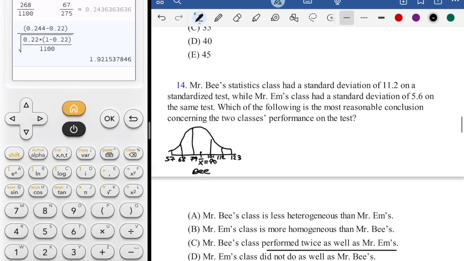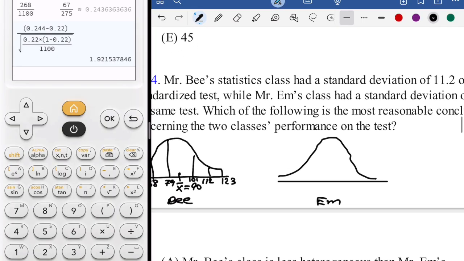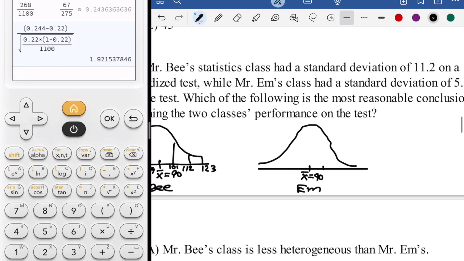Now, another example could be that in this case, Mr. M could be centered around the same 90, but now going out in 5-unit increments-ish.